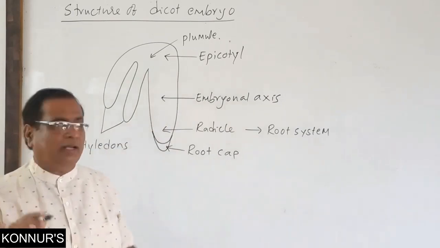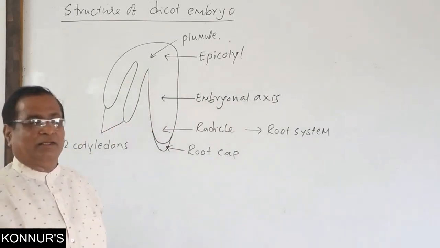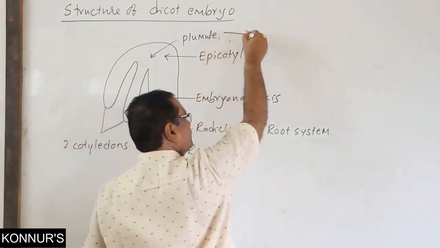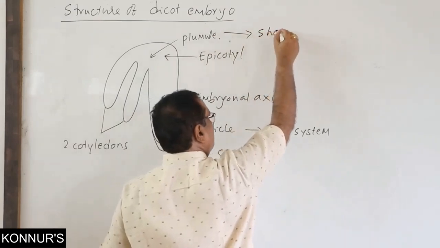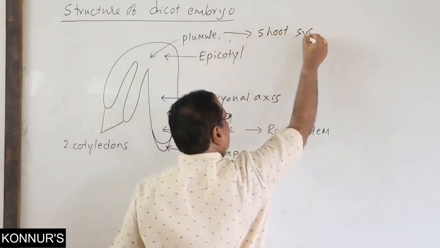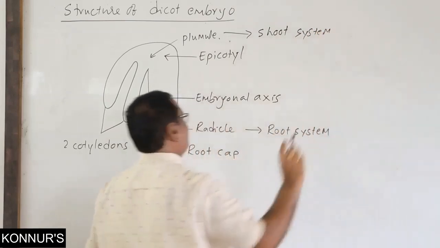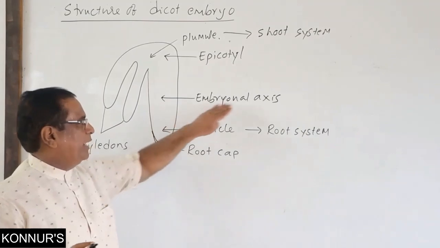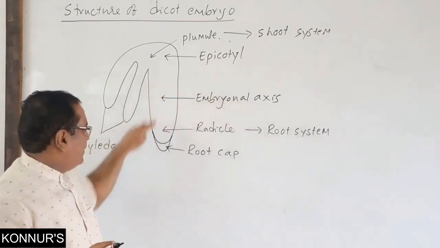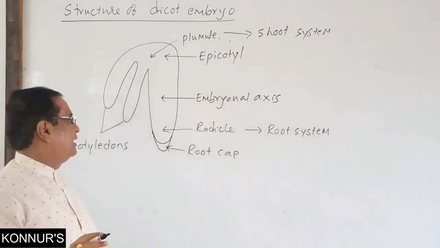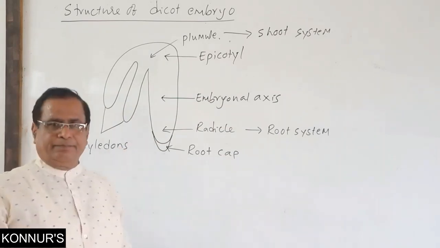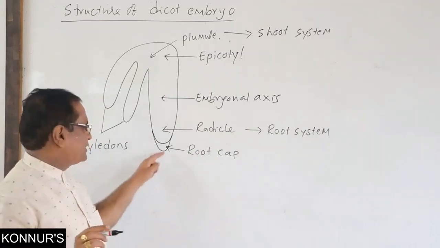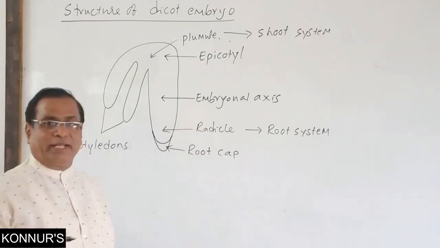That epicotyle terminates with the plumule, and that plumule gives rise to the shoot system. In a similar way, a portion of embryonal axis beneath the cotyledons is named radicle. That radicle gives rise to the root system, and it is covered by root cap.